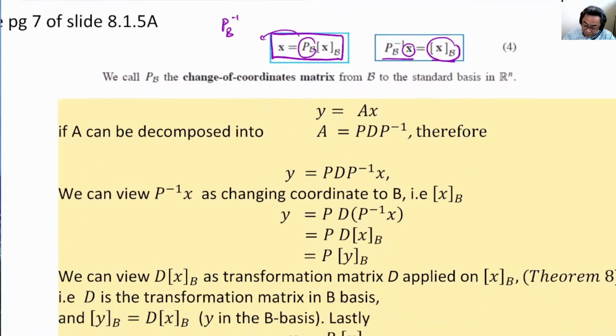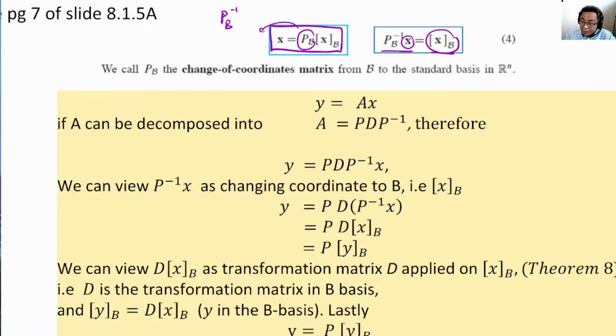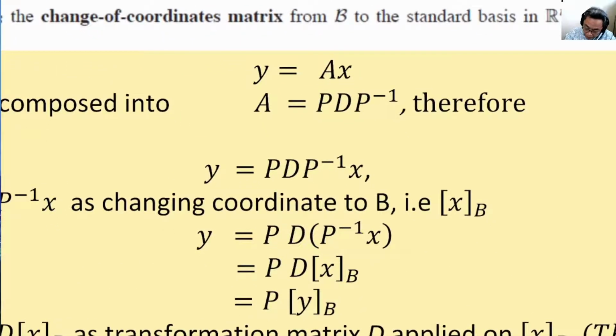Now with this recap, we want to study why we call D the transformation matrix in the B basis. Y in the standard basis is the transformation A multiplied by X in the standard basis. Remember that typically we do not write the standard basis because it is understood.